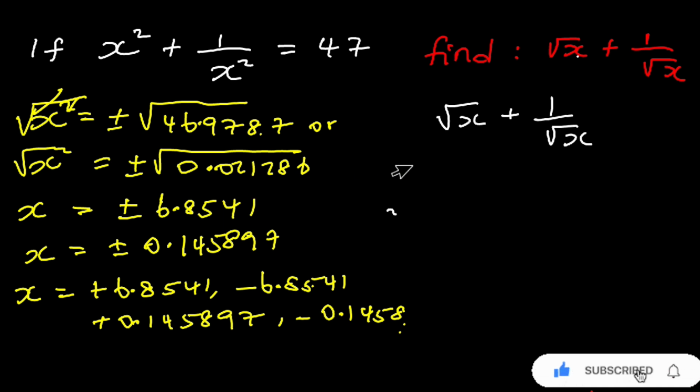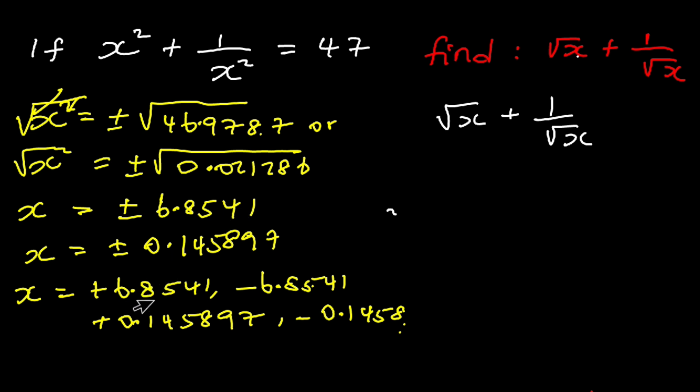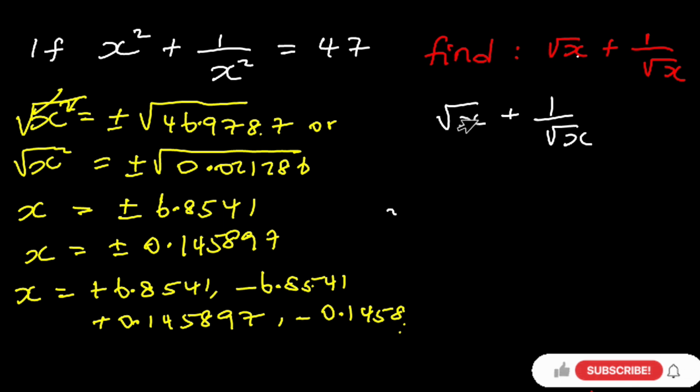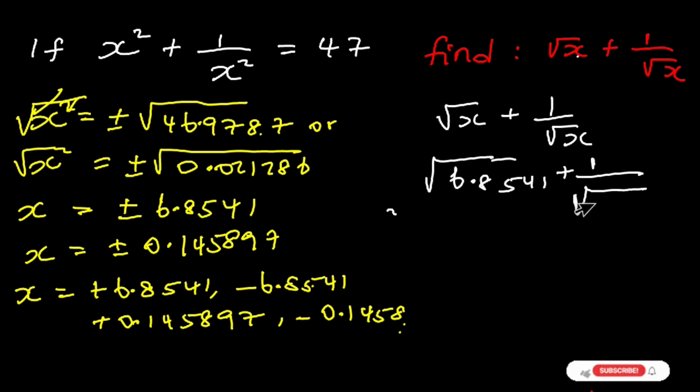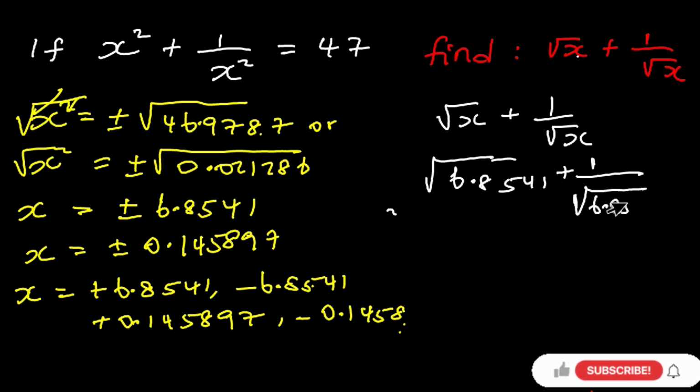Having found our values of x, for our first x value, we are going to plug in 6.8541 into this expression. So it's going to be root 6.8541, then plus 1 over root 6.8541. I want you to put this in your calculator with me.